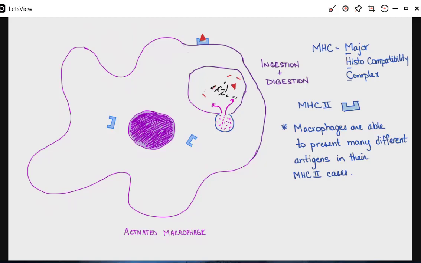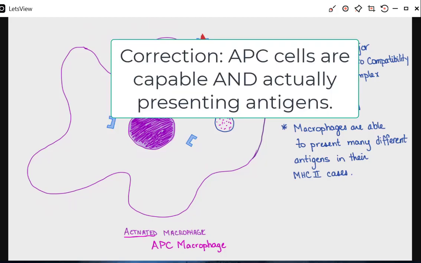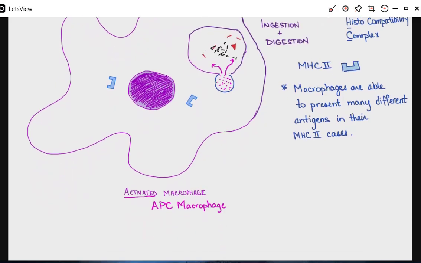So we use the abbreviation APC. So it is an activated macrophage, but it is also an APC macrophage. And I will use that terminology quite a bit on the test. So an APC, an antigen-presenting cell, is any cell in the body that is capable of presenting antigens in MHC II. So this is an important definition.